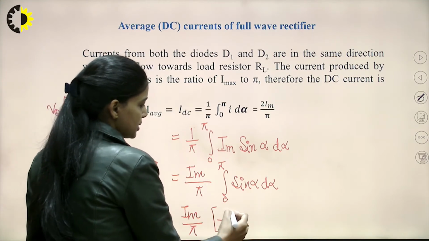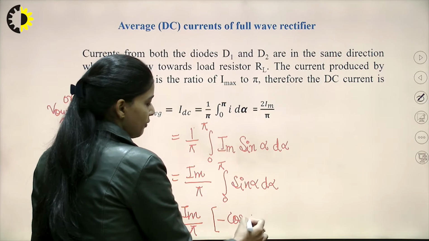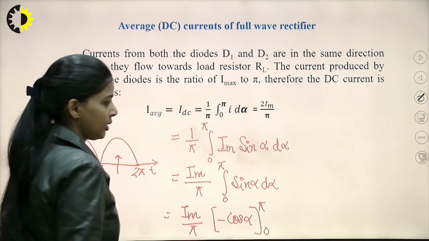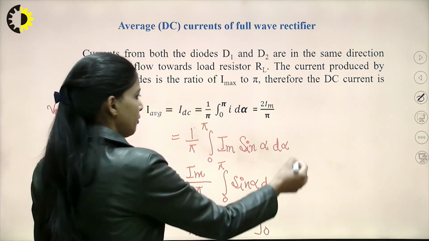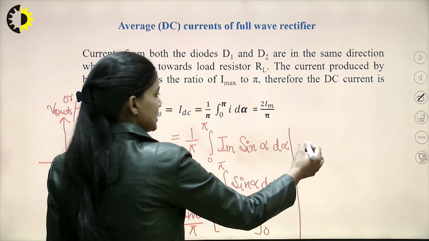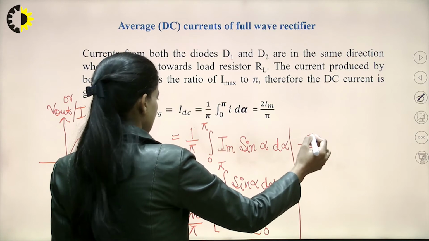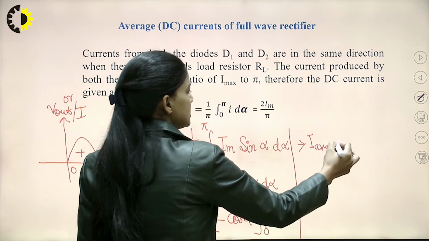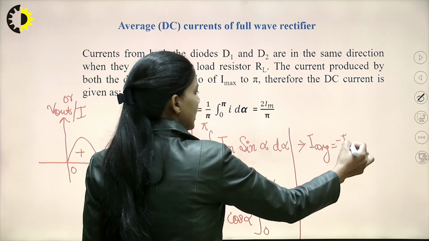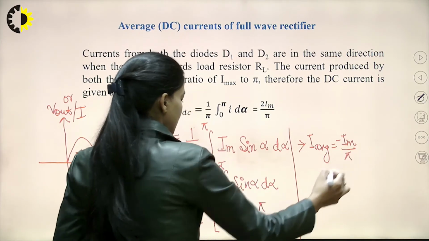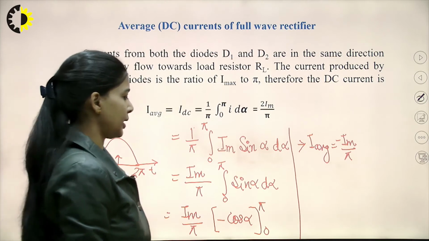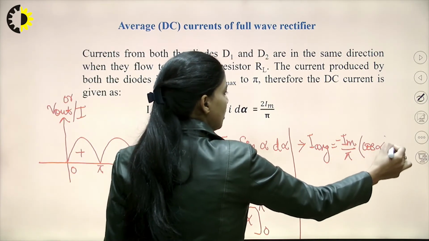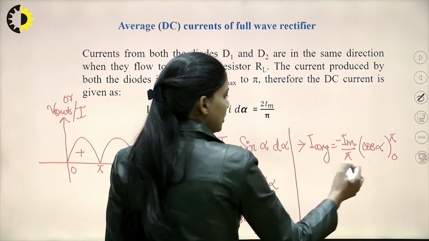Integration of minus sin alpha is minus of cos alpha with limits 0 to pi. So from here we can write it as minus Im, let me write it as I average is equal to minus Im upon pi. Taking this minus out of this bracket, we get cos alpha 0 to pi.